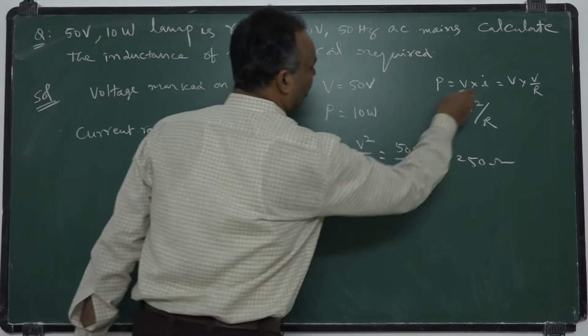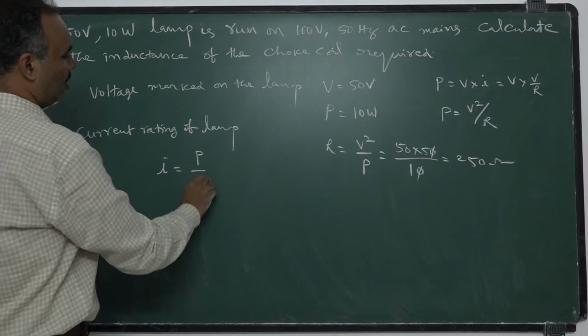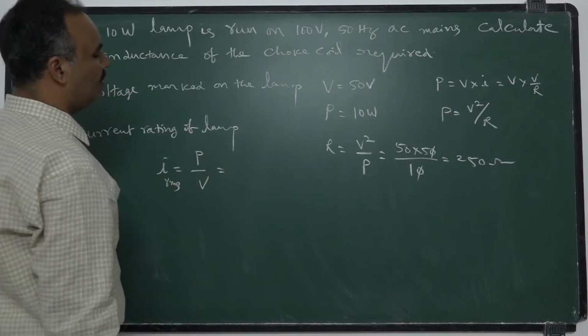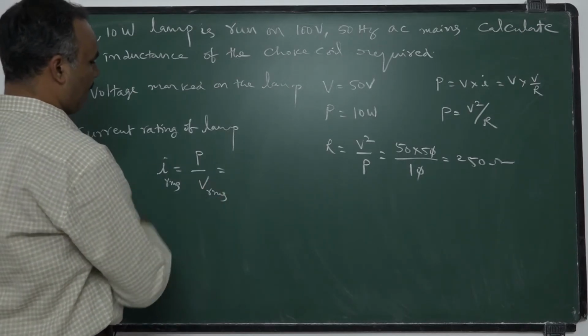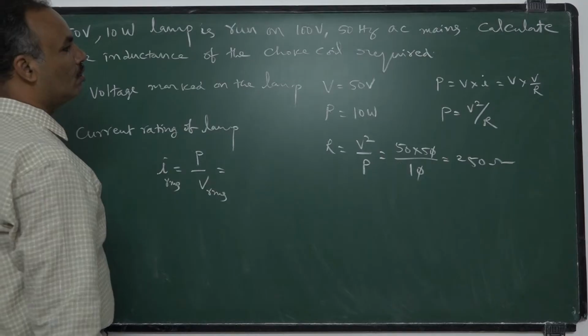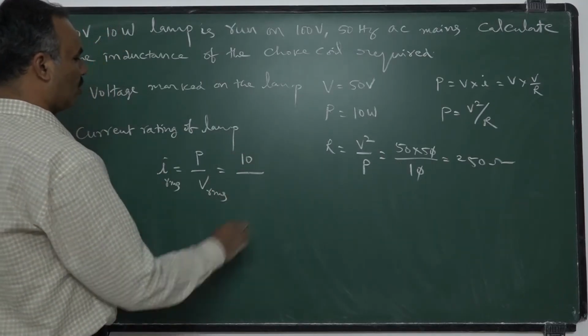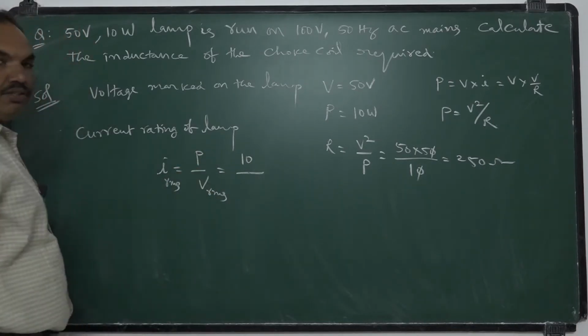Using these two, I can calculate the current rated. So current is equal to power by voltage. Obviously it is the RMS value of current. Because it is VRMS, the power value they gave as 10. This is also virtual power. So virtual power is equal to VRMS into IRMS.